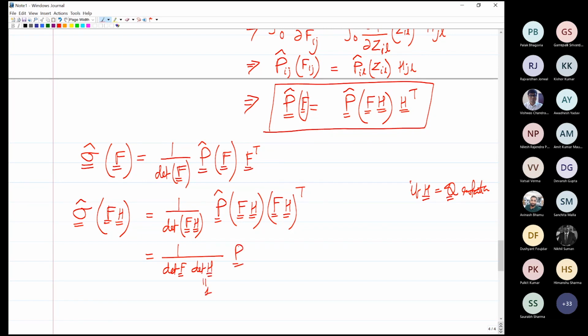And then here we have P hat FH into, okay, am I making some mistake somewhere? Okay, we'll see. This is then H transpose into F transpose.